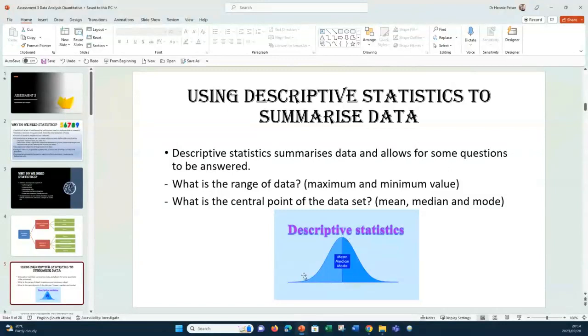On the left-hand side, you move towards what was traditionally termed retardation when your IQ is 30 and below, which is extreme. We calculate IQ by taking mental age and dividing it by chronological age, and then multiplying it by 100.